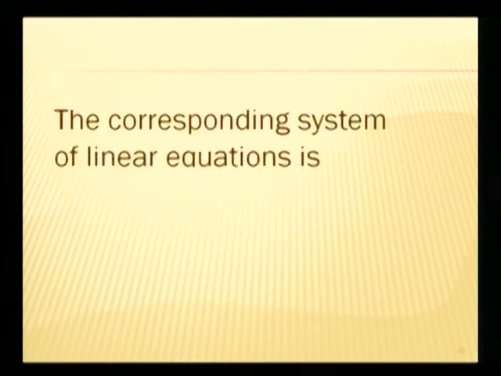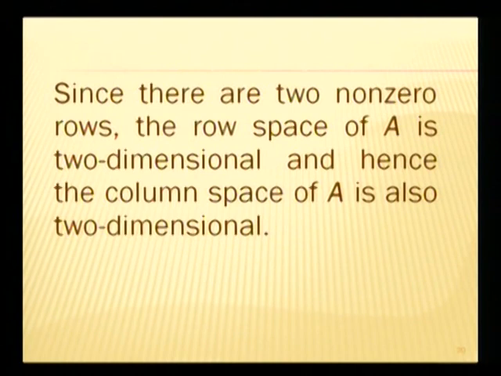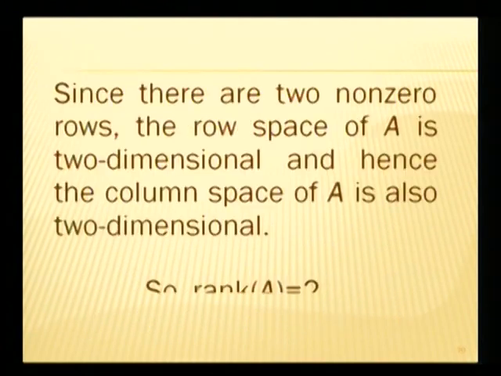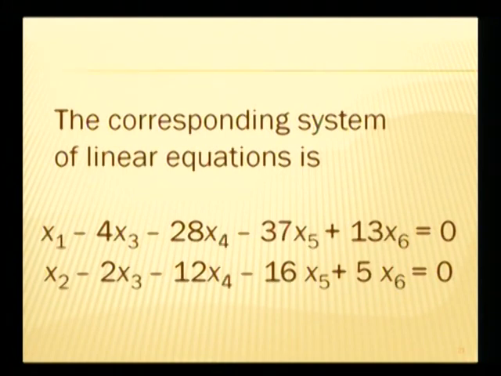Now we want to find what the null space and the nullity of A are. To find the null space, for this row echelon form of the matrix, we write the system of equations, and here we have the system of linear equations.